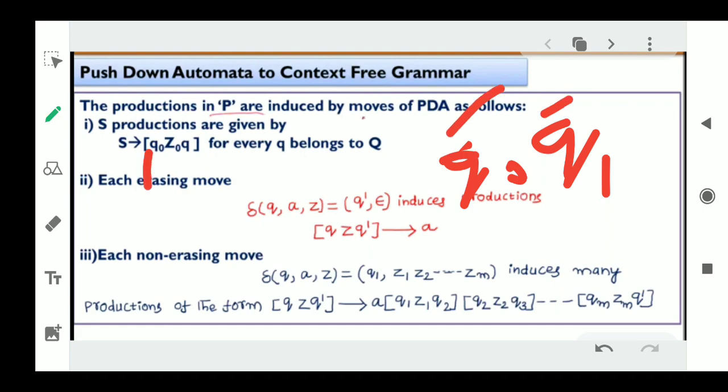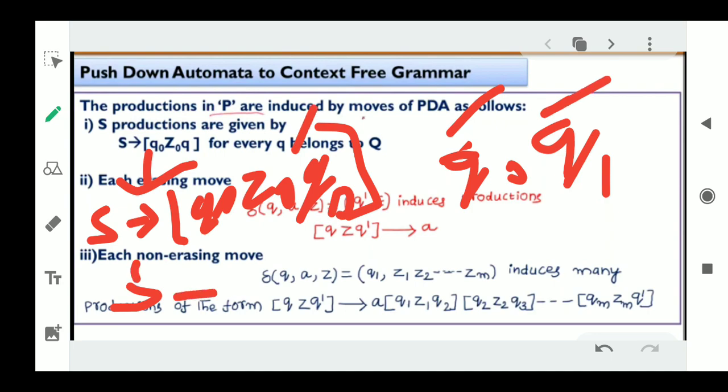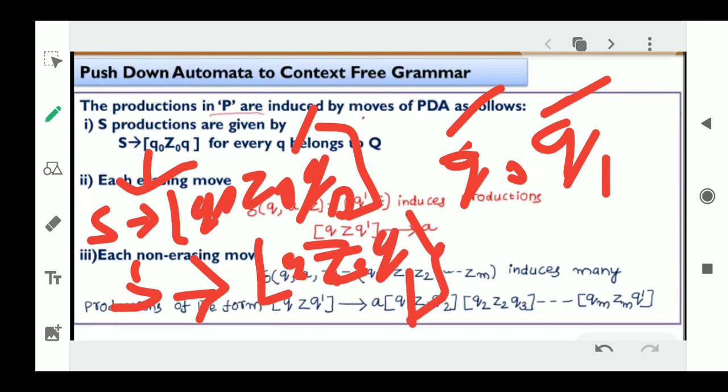We will get S derives [Q0, Z0, Q0]. Again, one more production: S derives [Q0, Z0, Q1]. This is how we are going to write the productions with the start symbol.